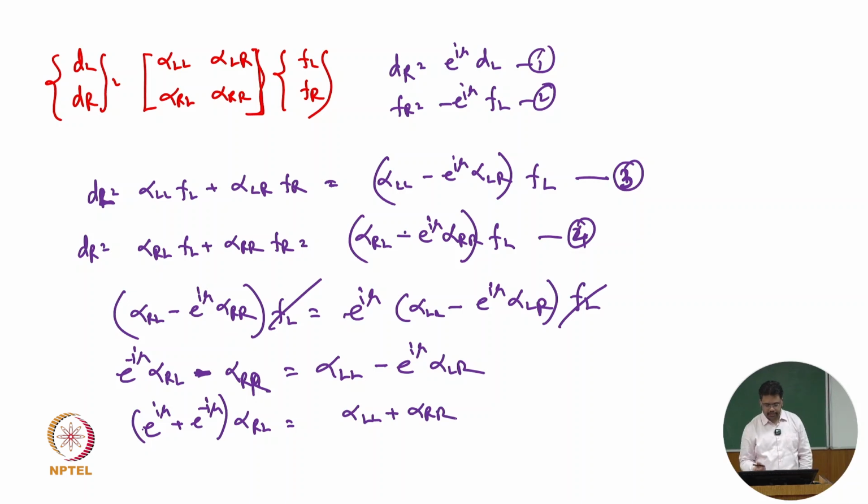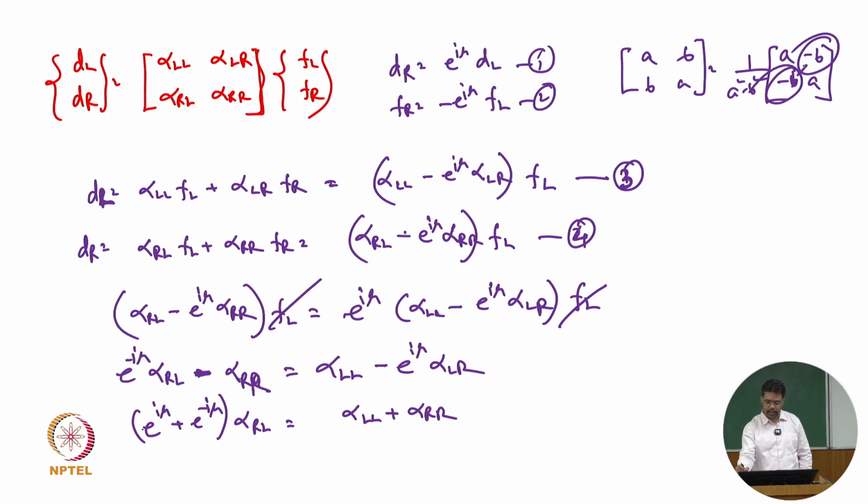So what we have seen last time, like also you are doing that, the A B B A matrix inverse. If you do, you will see that it will be A minus B divided by A square minus B square. So basically what happened? These two terms are same, and these two terms are also same.